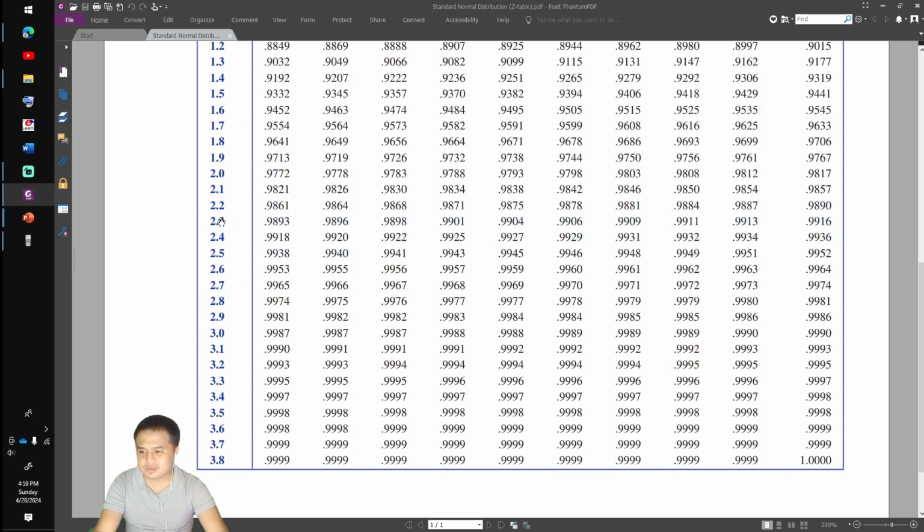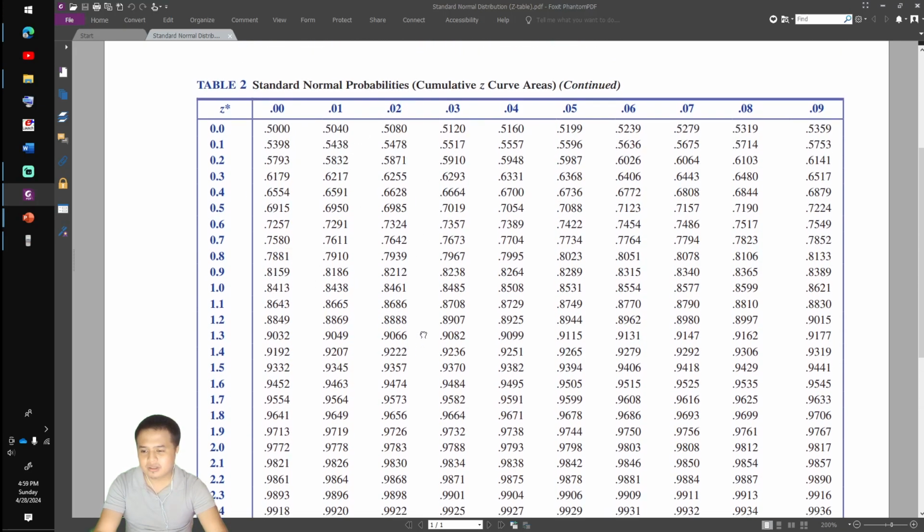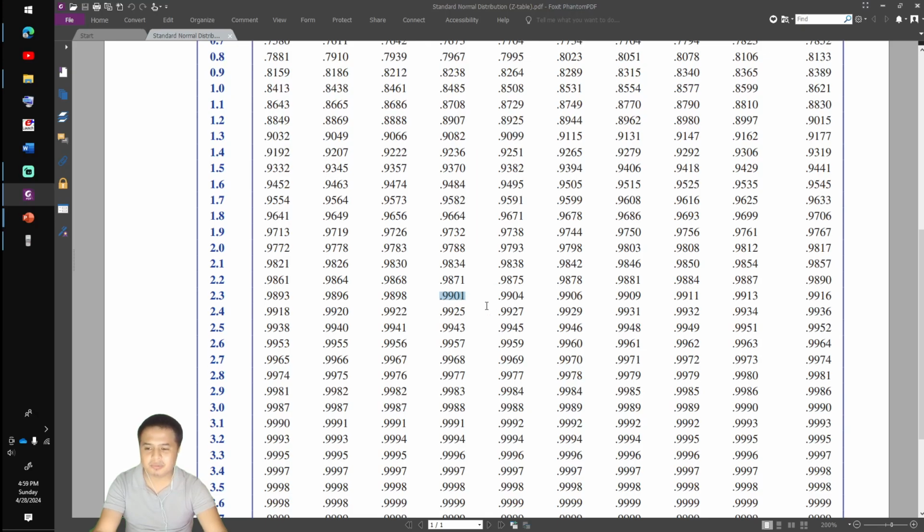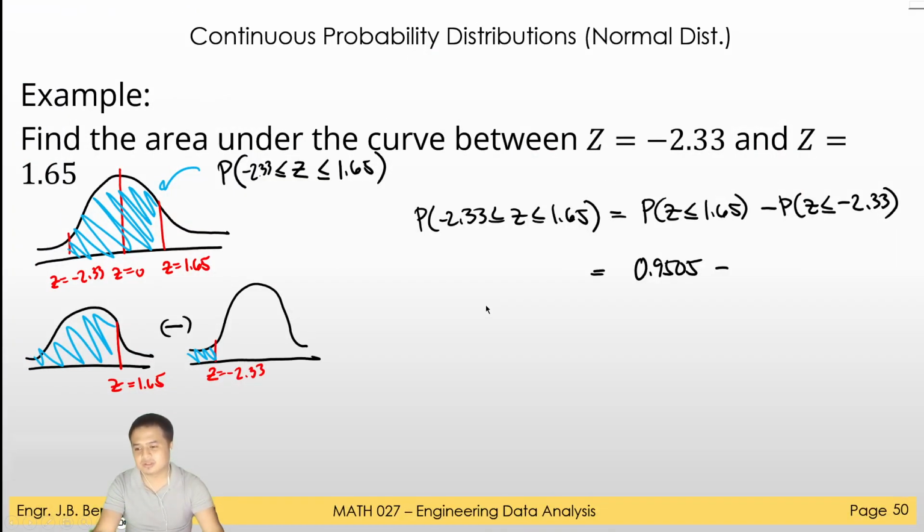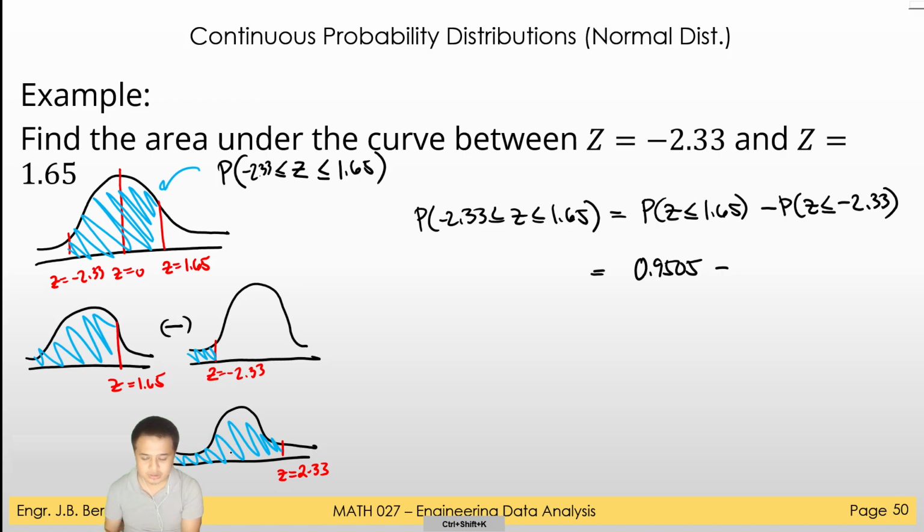We can use this. So, we have negative 2.33. So, 2.3 and 0.03. So, we have this entry, but since the area given here is only for positive z-scores, this is your value. We have 0.9901.